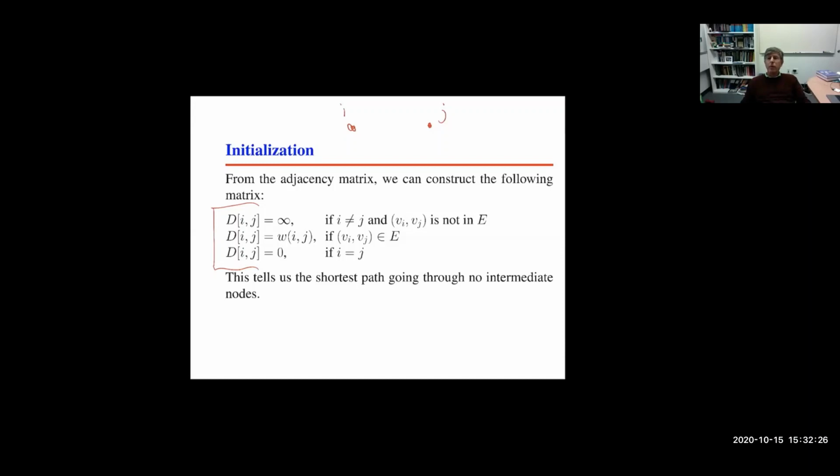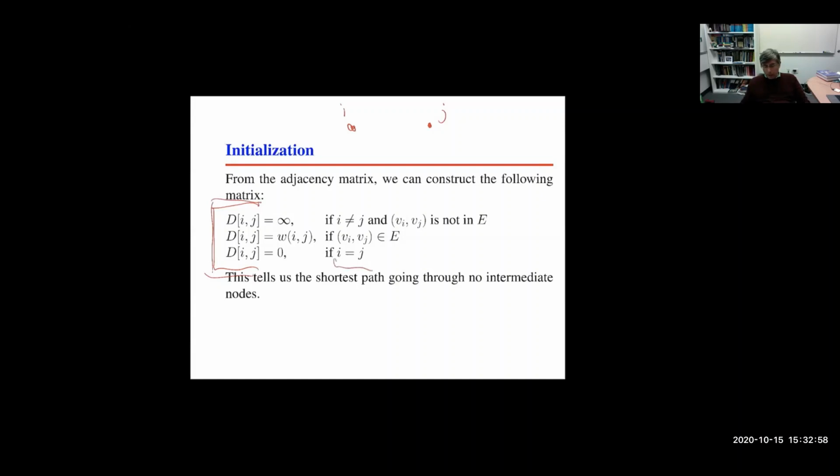And what if there is no edge between them? What's the shortest path to get between me and London with no intermediate vertices to drive? Infinity. I can't drive to London, right? I can drive from here to maybe the end of the block without making a turn, but that's about it. So Dij is going to be the cost of getting from I to J with no intermediate vertices.